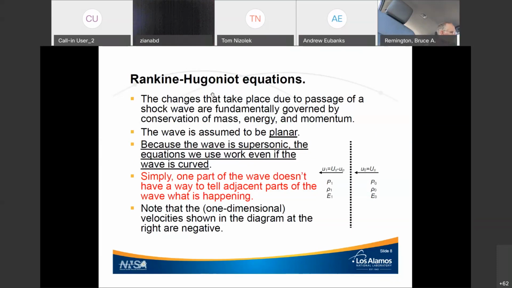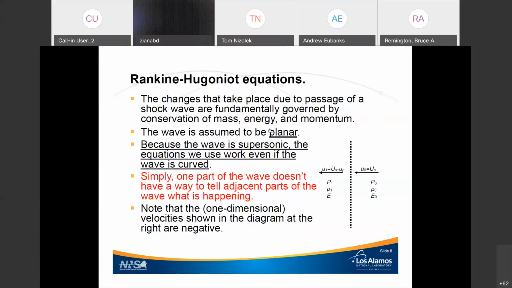What are those equations? Well, they are simply statements of conservation of mass, energy, and momentum. So they are pretty fundamental in our world. You can't violate the Rankine-Hugoniot equations.